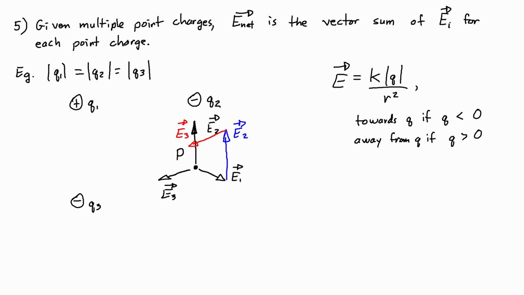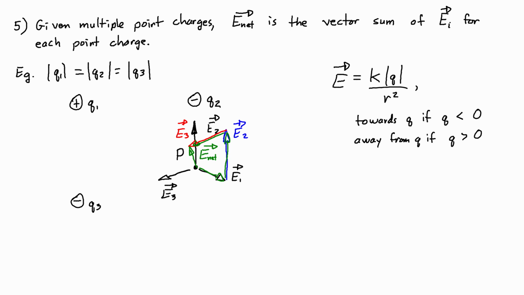Adding up first E1, then E2, then E3 gives me a net electric field going from P to the tip of the red vector there, and that would be E net. And that's considering the effects from all 3 point charges, Q1, Q2, and Q3.